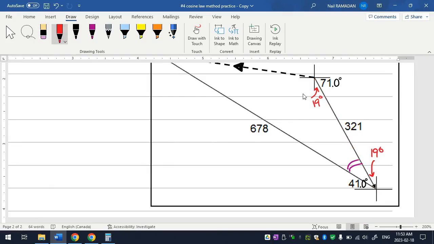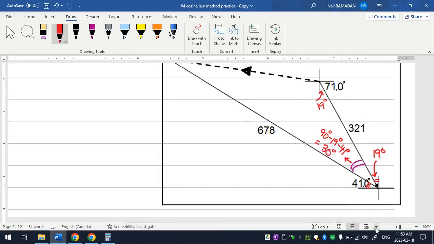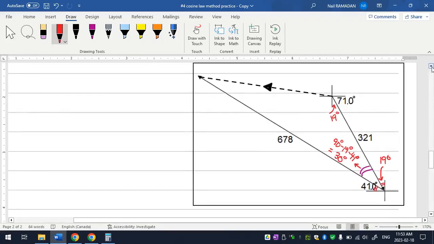So if this is 19 and this is 41, this right here will be 90 minus 19 minus 41, because this whole corner adds up to 90. So that's equal to, well, 41 and 19 is 60. That's exactly 30 degrees.